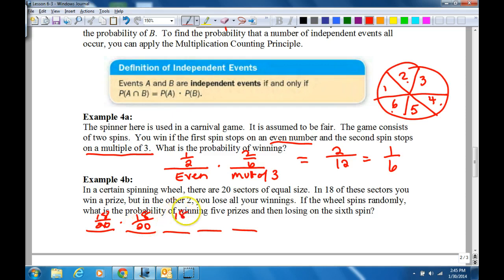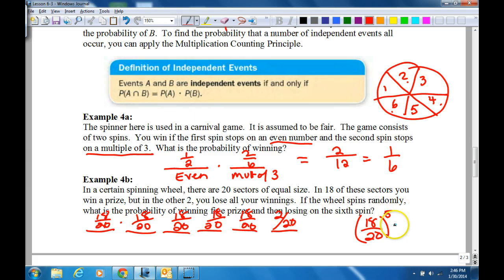Can't you do quantities? Yep. Quantities. To the 5th power. Yes. You can do it to the 5th power. She's asking if you can say 18 over 20 to the 5th power. You can do that. Okay? And then what is my last spin? What's my probability, 2 out of 20, right?